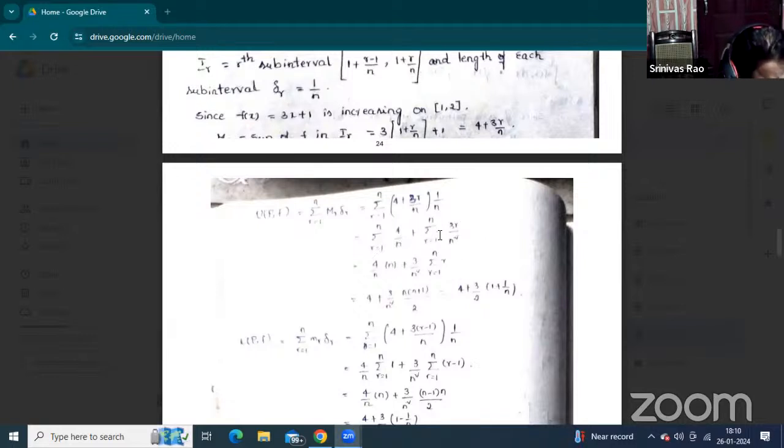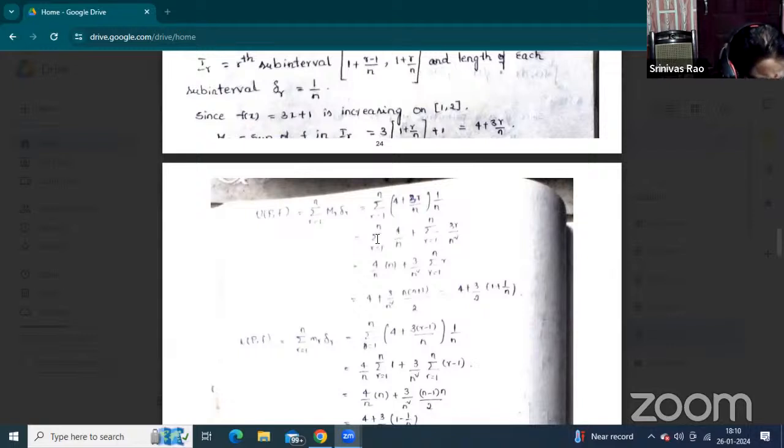In the same manner, 3 is also taken outside the summation. Here, 3r/n² is also taken outside, and we are getting the summation of r.